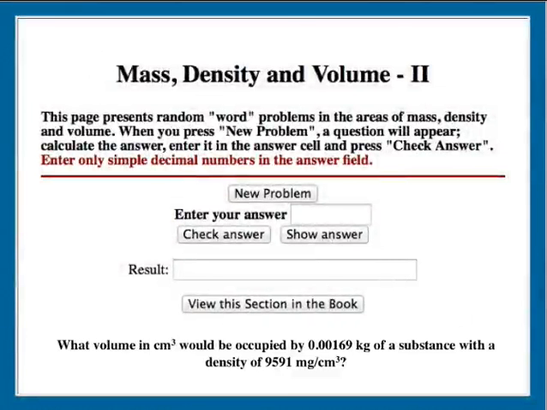So in this one, we're looking for a volume in cubic centimeters. We are given kilograms of a substance, and our density is 9591 milligrams per cubic centimeter. So we have to do both metric conversion as well as our basic calculation.